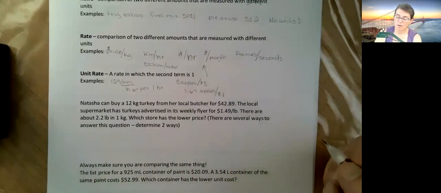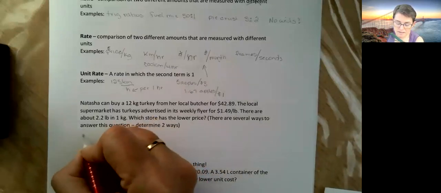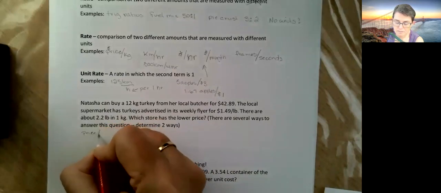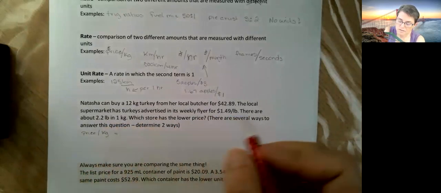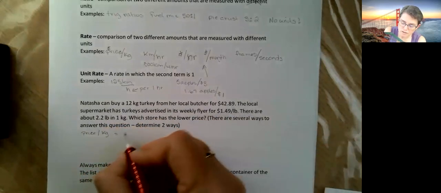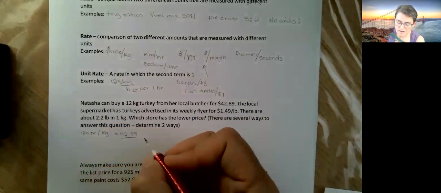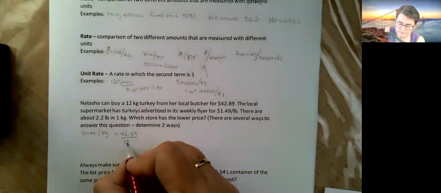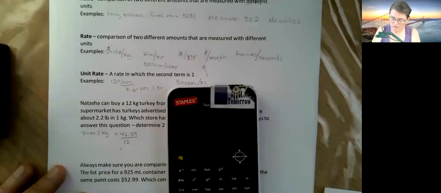Well, one way you could do it is you could figure out price per kilogram. So for our turkey from the butcher, it's 42.89 divided by 12.